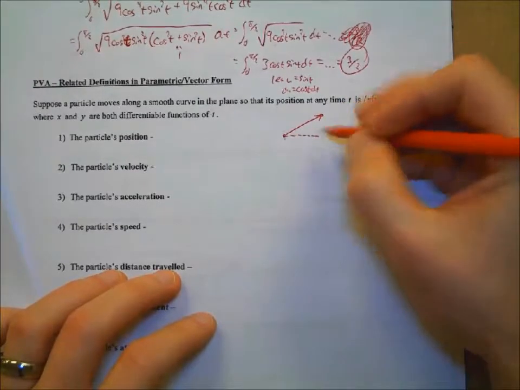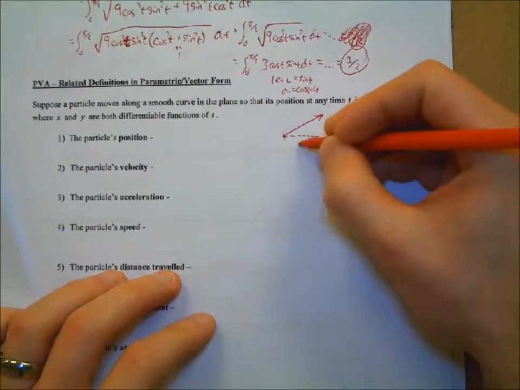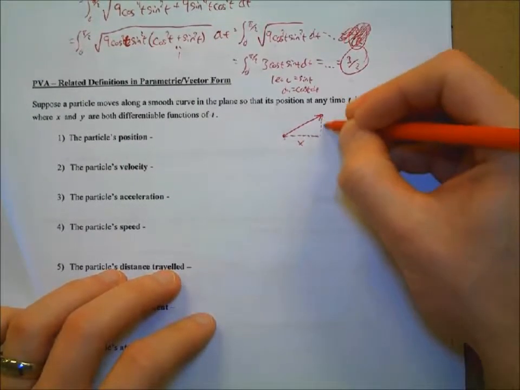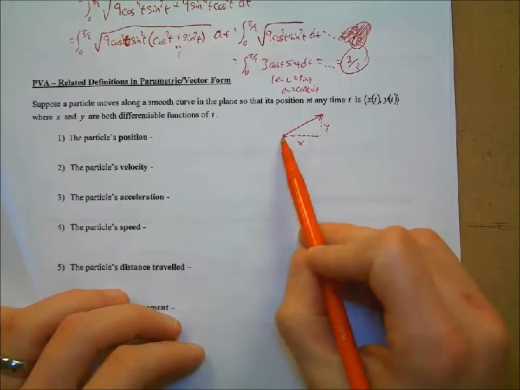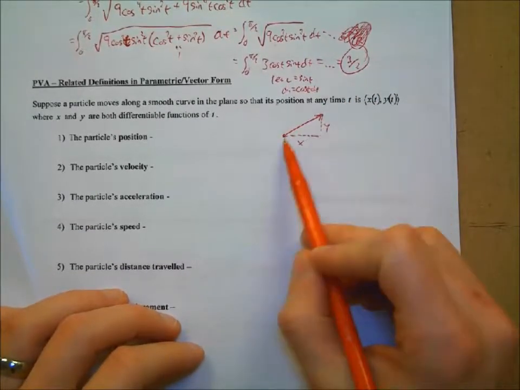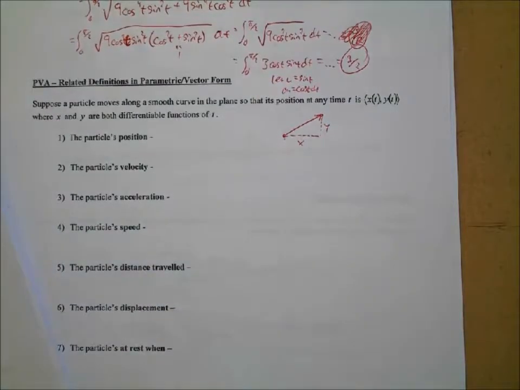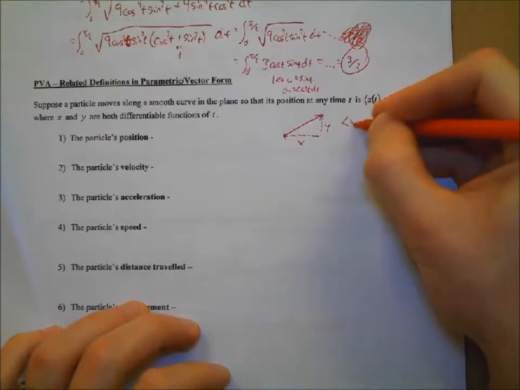It has an x component, determined by x of t, and a y component, determined by y of t. That gives you your location, from here to here, where we see that point. So the vector here would be x comma y.